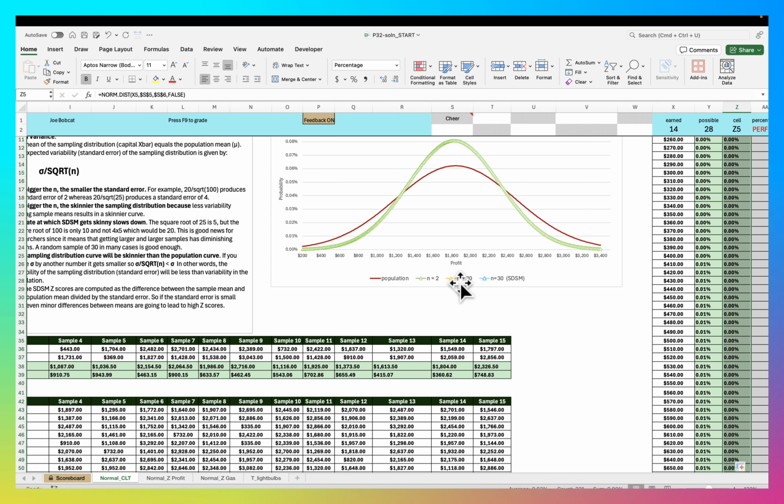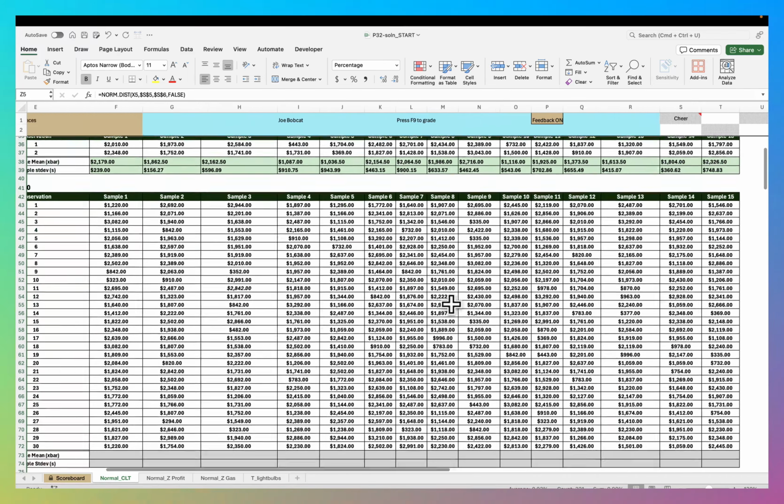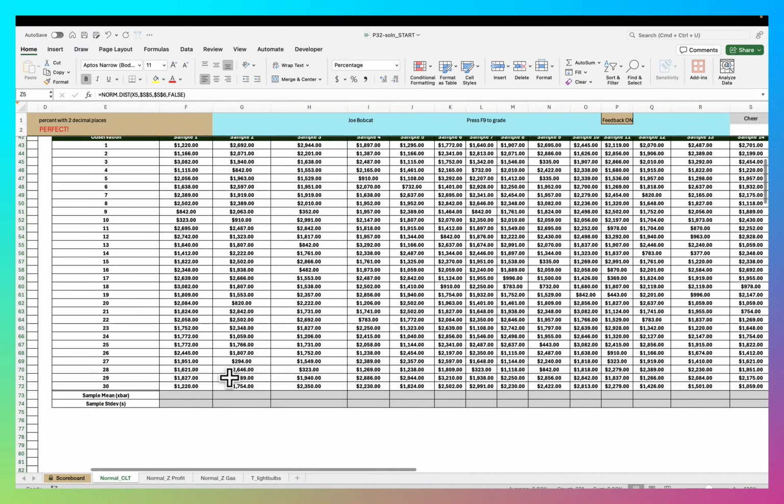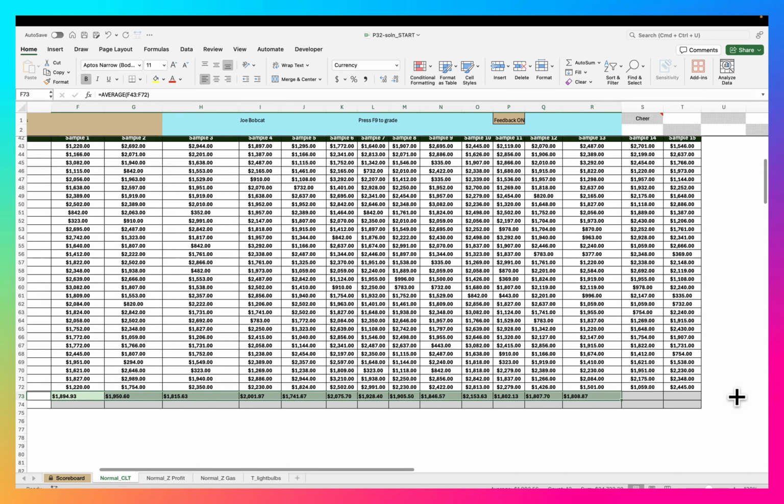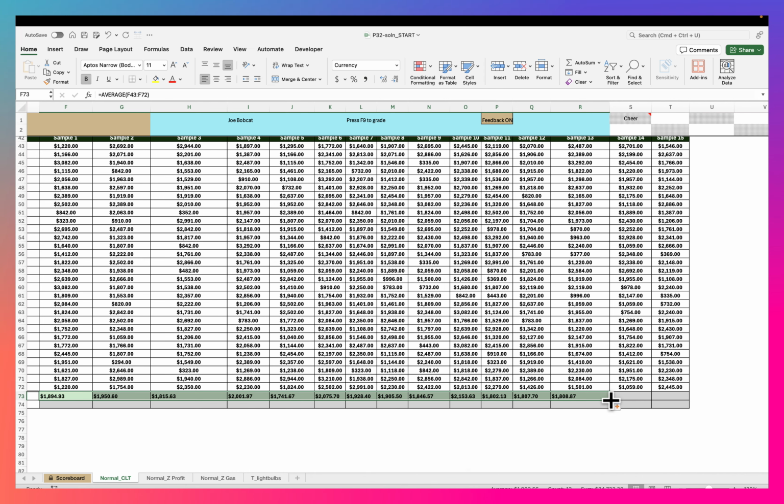All right, what if the sample size is a lot bigger? What if we go to a sample size of 30? And that's what happens next down here. So let's go ahead and do that. Equals average, copy that across. Oops, shouldn't have copied that down.